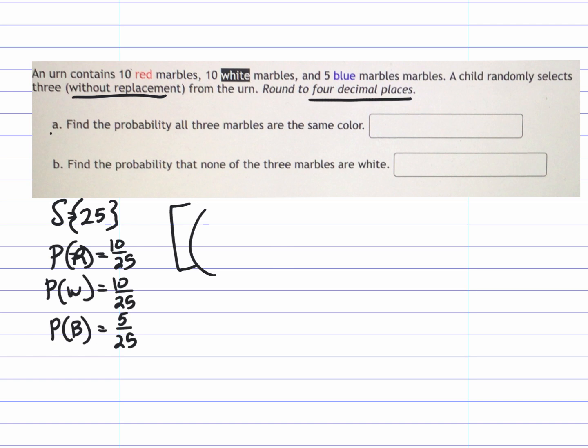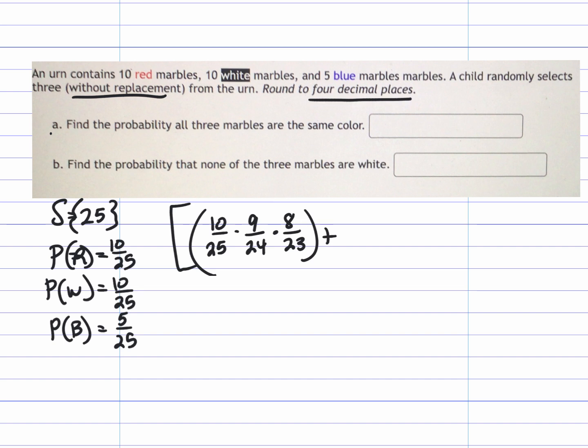For red marbles, in order for each one of them to be red, first, we would have a probability of 10 out of 25. Then, if we pulled one, we would only have 9 left, and there would only be 24 total left. And again, 8, and then 23. This is the probability of getting all red.